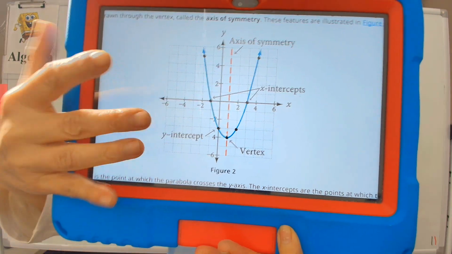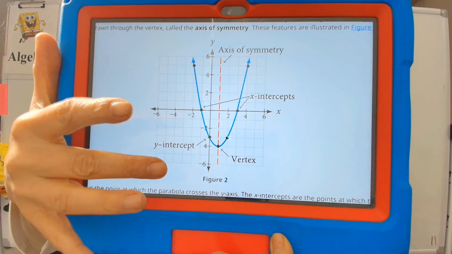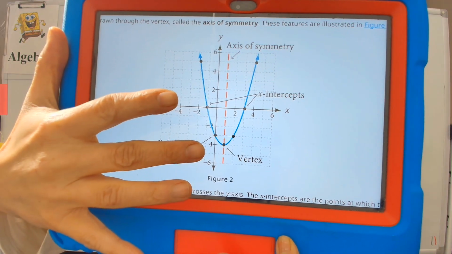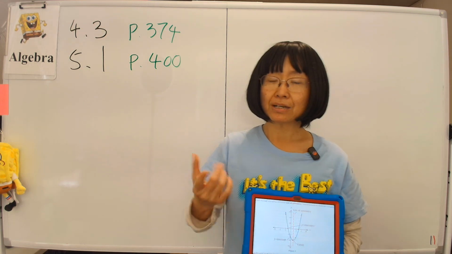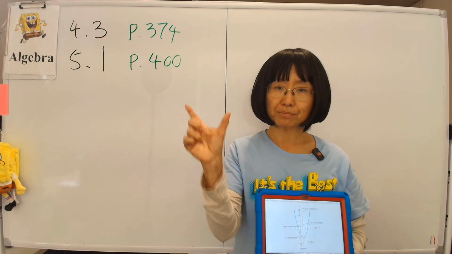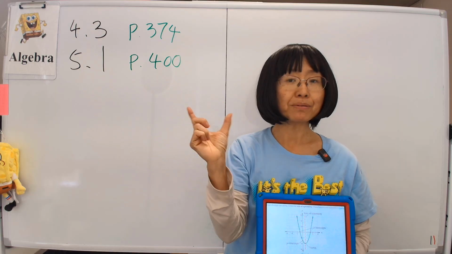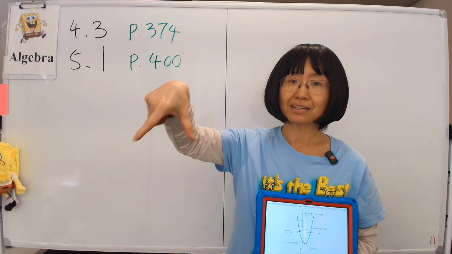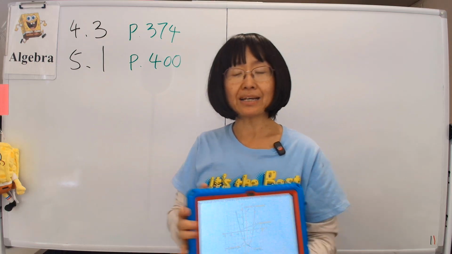Where it crosses the y-axis is called the y-intercept, but that's not as exciting. And the very bottom tip of the parabola is called the vertex, unless your parabola opens the other way, then the tip will be on the very top, and that is called the vertex.